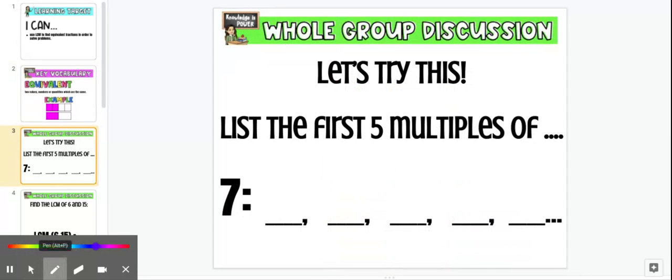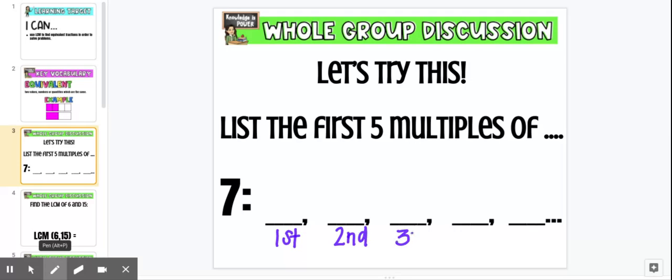All right, so now what we're going to do is find multiples. The question says list the first 5 multiples of 7. So I have my first multiple, my second, my third, and so on, all the way to the 5th. The biggest misconception is that people are not putting the first one in. So our first multiple is 7 times 1.